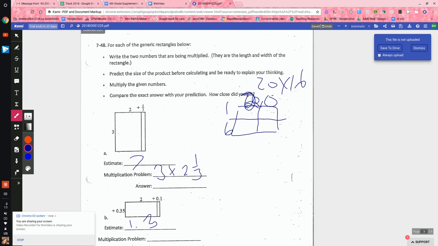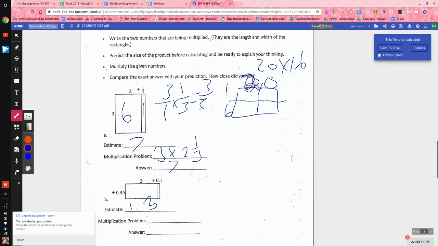The answer using generic rectangle, 3 times 2 is 6. 3 times a third would be 3/3, which is 1. 1 plus 6 is 7. Weird that I estimated 7. Didn't even really look at it, so I guess I got lucky there.